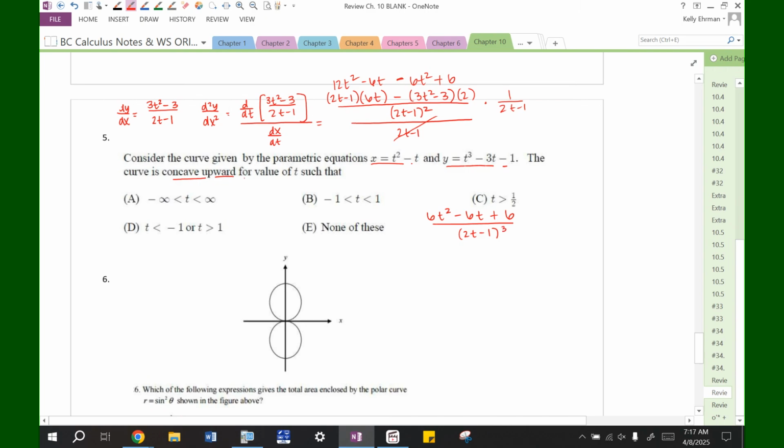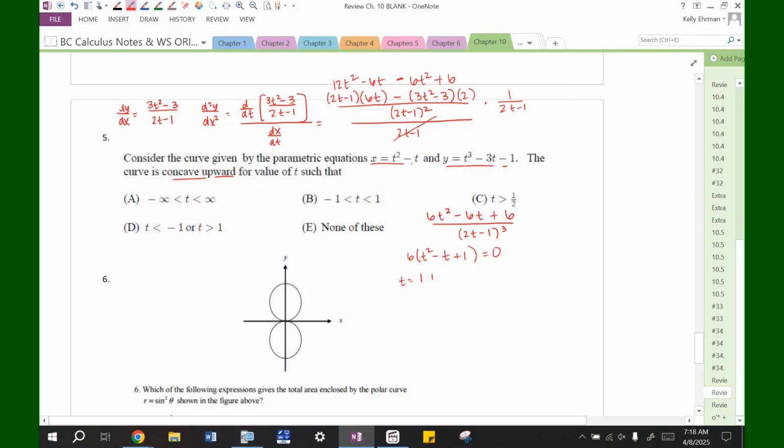To figure out concavity, you need to set the second derivative equal to 0 or equal to undefined. I'm going to factor a 6 out of this first. I don't think I'm going to get any answers out of this. If I'm trying to figure out when that's equal to 0, I can use a little quadratic formula.